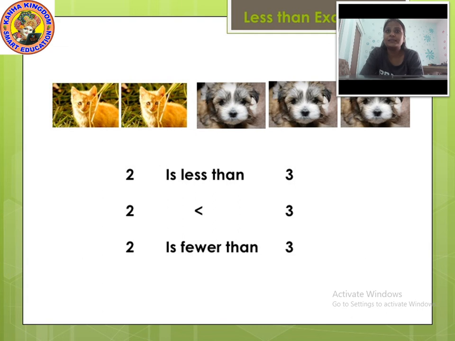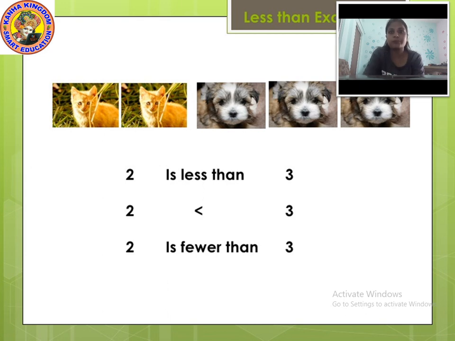Now let's see less than. Look at the picture. On our left hand side there are two cats, right? And on our right hand side there are three dogs. Can you tell me which number is more and which one is less?